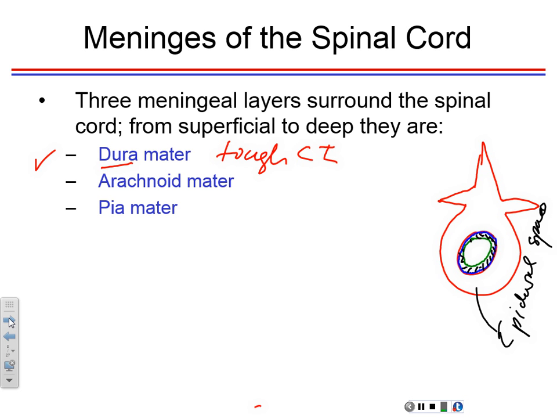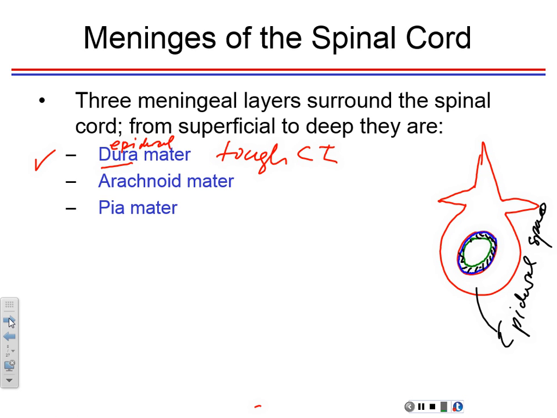So we start off with our little periosteum covering the vertebral foramen, then we have the epidural space, and then the dura mater. Then under the dura mater will be the what? The subdural space.